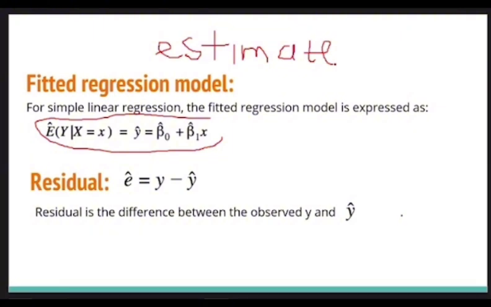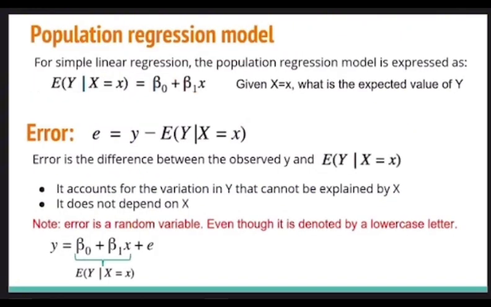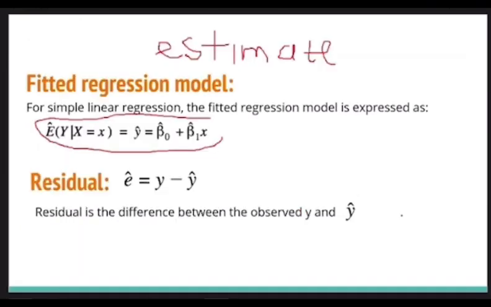Now, when you are talking about population and you want to look at the distance between reality and what the model says, that distance we normally call error. But if you are working with a sample, we don't call the distance error, we call the distance residual. Can you see the difference now?